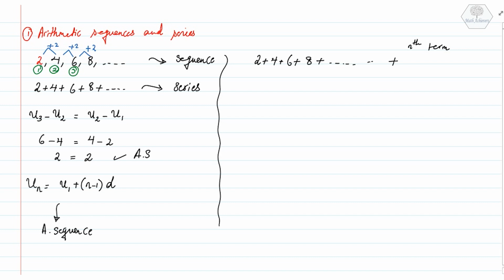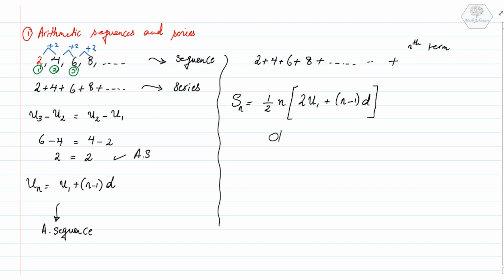So the rule for finding the sum is either S of n is equal to half n, which is the number of terms, times 2 times U1 plus n minus 1 times d.